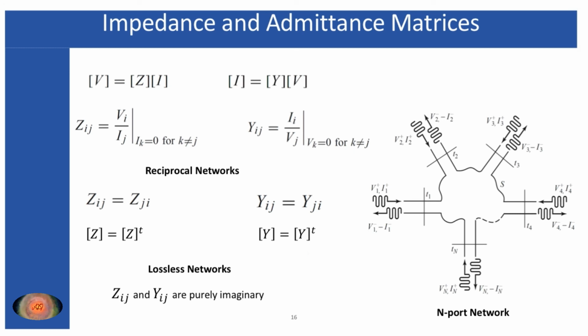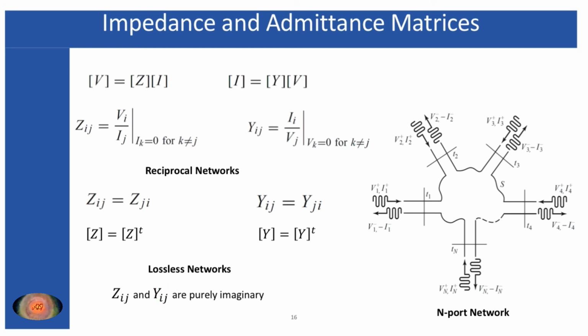The lossless network. As we know, if loss is present within the network, then the wave amplitude should die out while it is propagating down within the network, and the parameter which is responsible for reducing the wave amplitude within a lossy network is nothing but the real part existing within the impedance or, equivalently, the admittance.